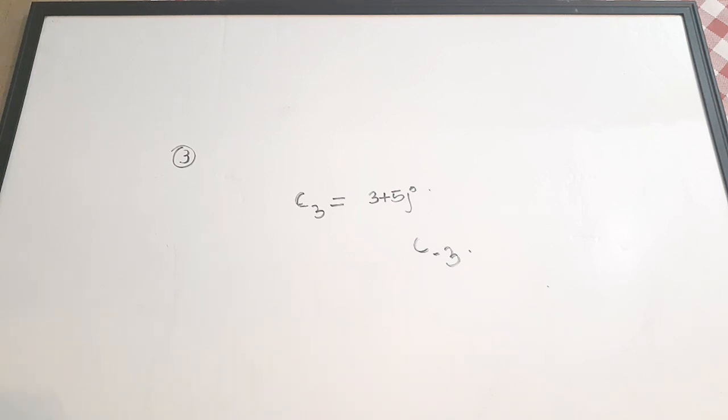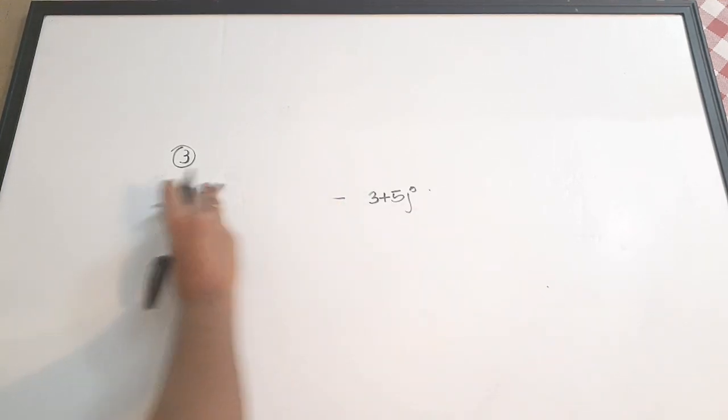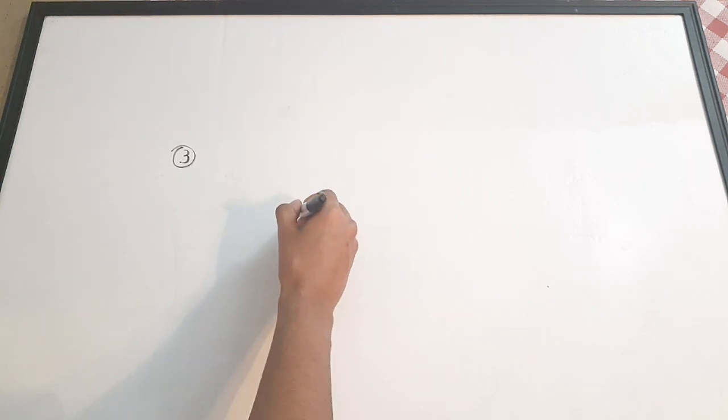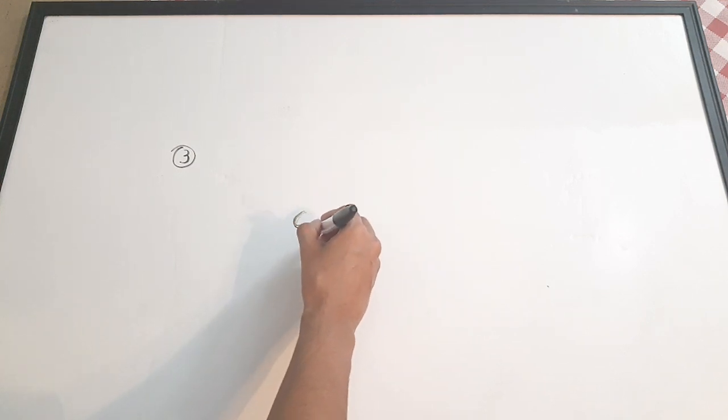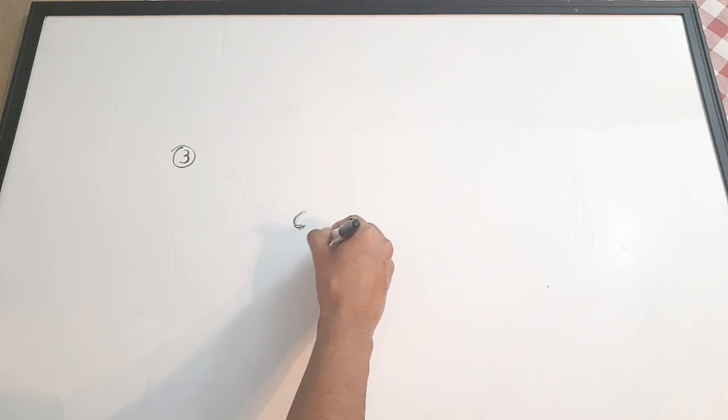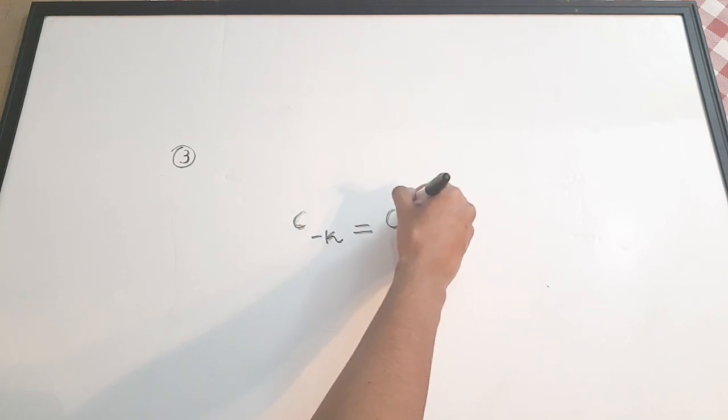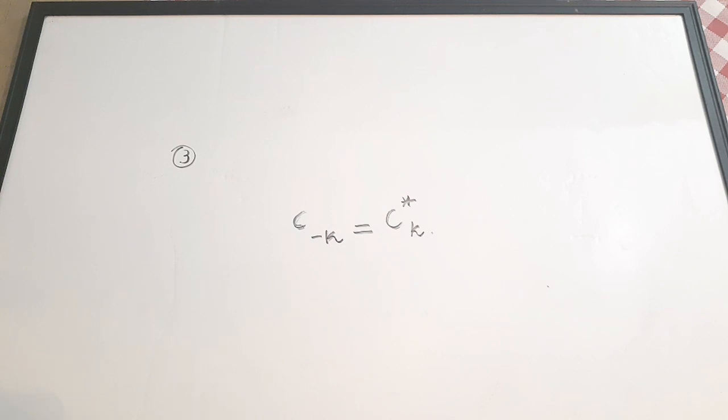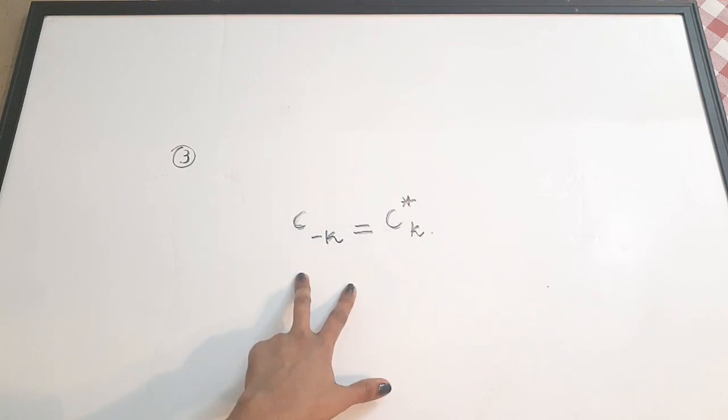Now for a real signal or for a real periodic signal, there is one thing you should know for Fourier series also and for DFT also, discrete Fourier transform also. All these expansions, Fourier, DFT, DTFT, everything follows a rule called the complex conjugate rule, where for a real signal you can write C of minus K is equal to C star of K. In DTFT, when you are expanding DTFT, you call this the complex conjugate property.